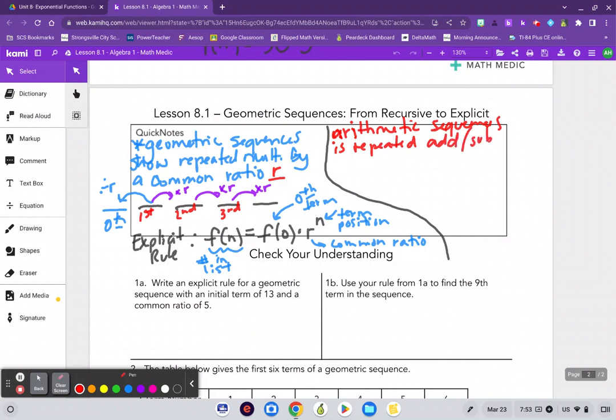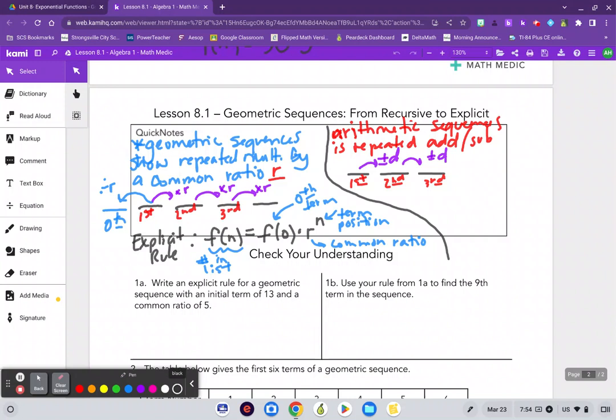So I'll do addition slash subtraction. And so again, if I have my first, my second, my third, what we do is we are going to add or subtract that same number in order to create that list.